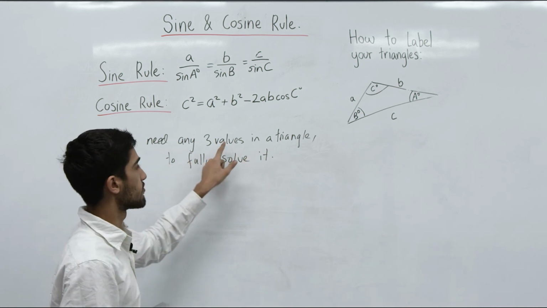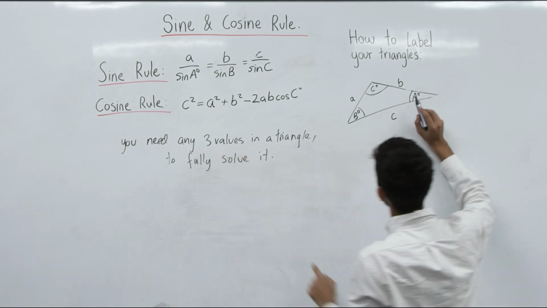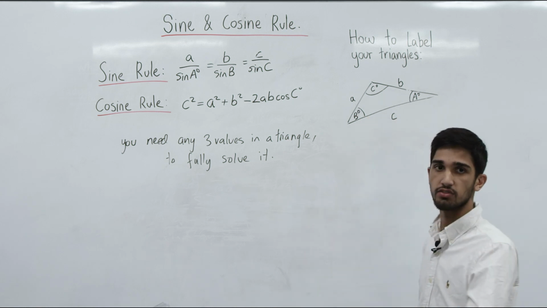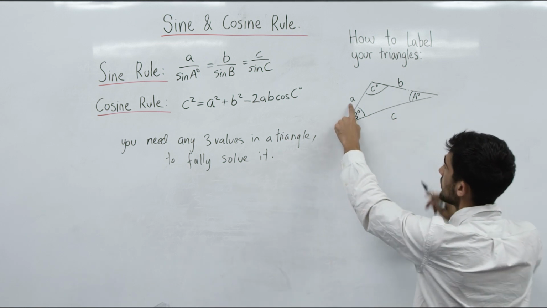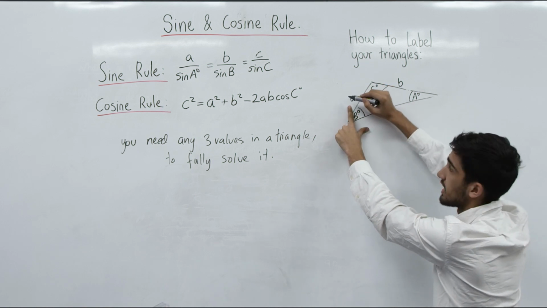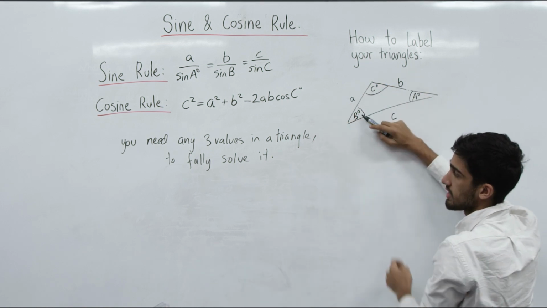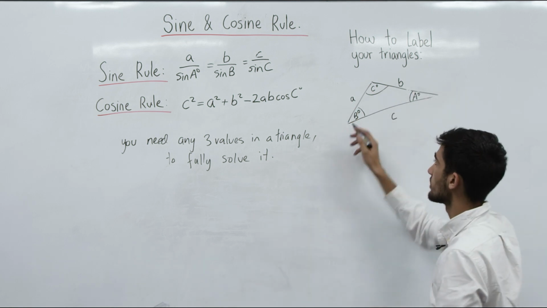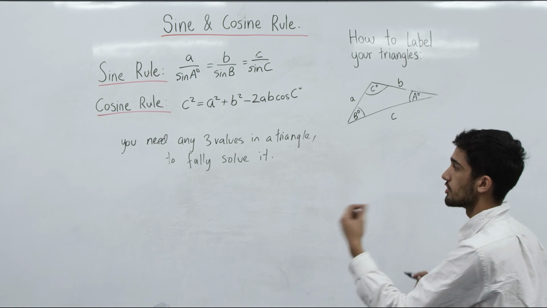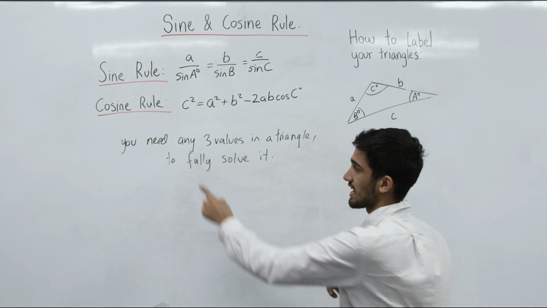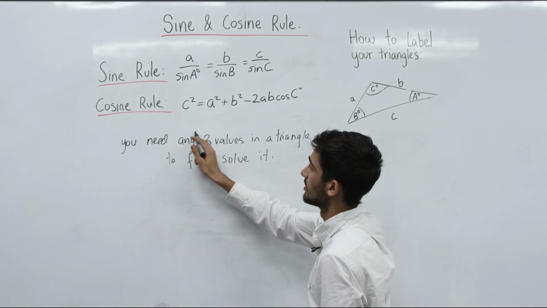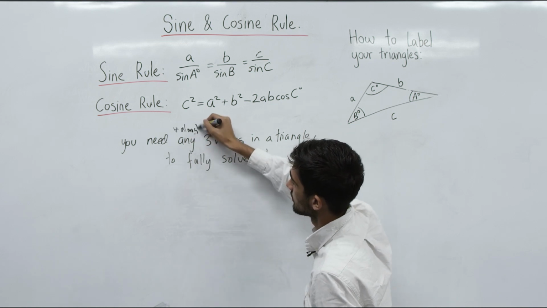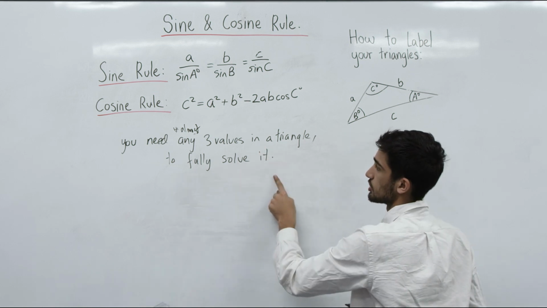When I say any 3 values, in any triangle, we have 1, 2, 3 angles, and we have 1, 2, 3 lengths of the side. As long as we have 2 of the angles and 1 of the side lengths, or 2 of the sides and 1 of the angles, or even 3 of the sides, we can solve for all the other variables in a triangle. The only time, sorry, I shouldn't say any 3 values, I should say almost any 3 values in a triangle to fully solve it.